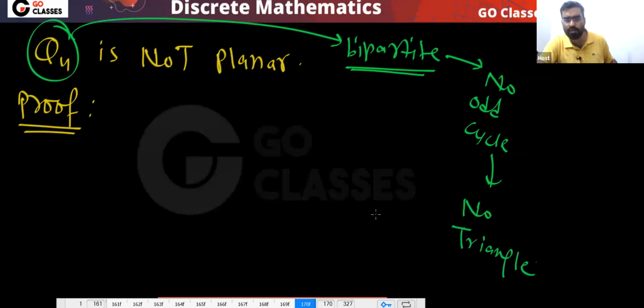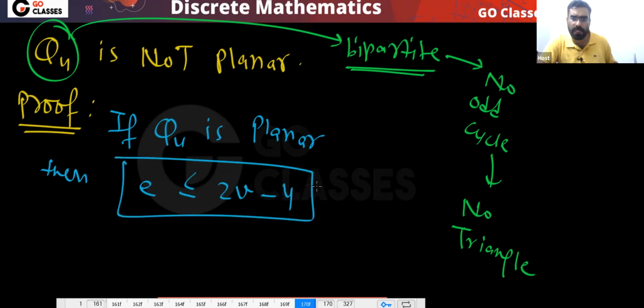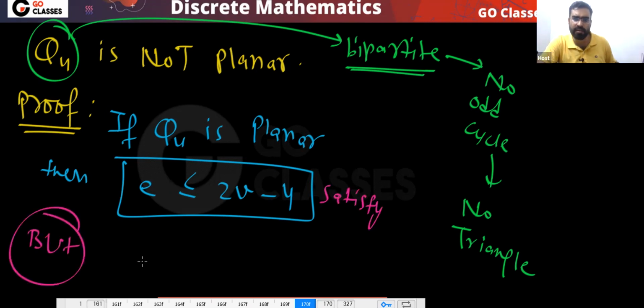So if Q4 is planar, then I can say E must be less than or equal to 2v minus 4. This should be satisfied. Does it satisfy? What is the number of edges in Q4?